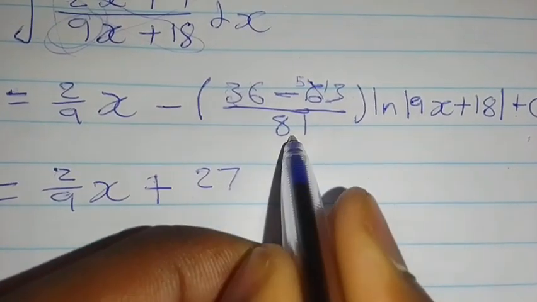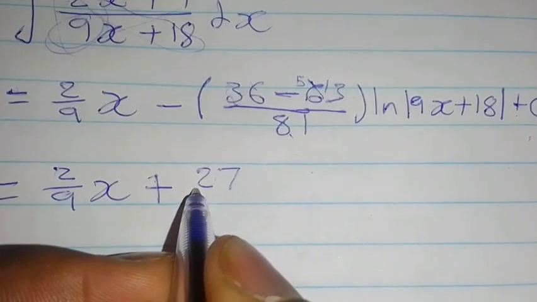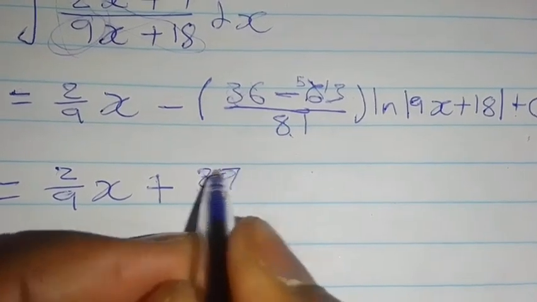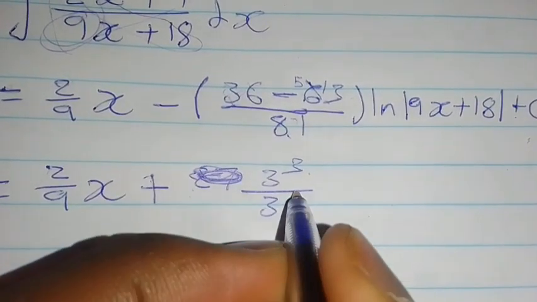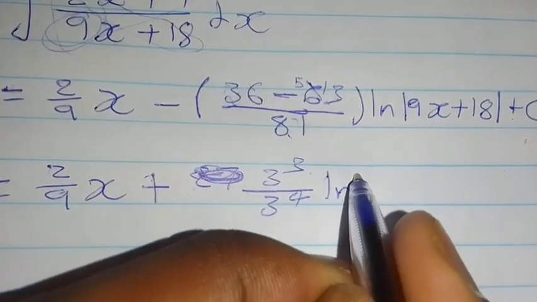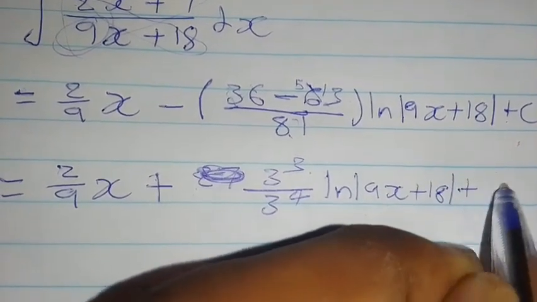Then you have 27 divided by 81. But notice that 27, that's 9 times 3, which is just 3 to the third. Remember, 27 is just 3 to the third, and 81 is 3 to the fourth. Then you say ln the absolute value of 9x plus 18 plus a constant.